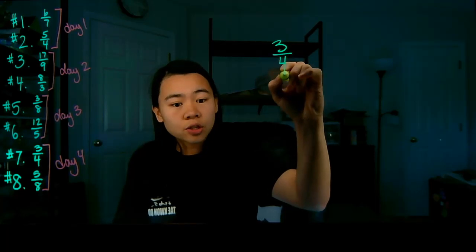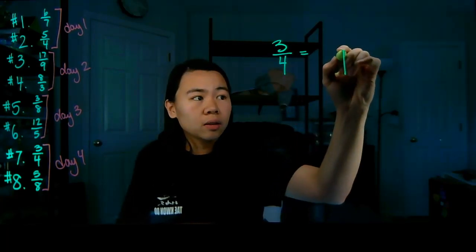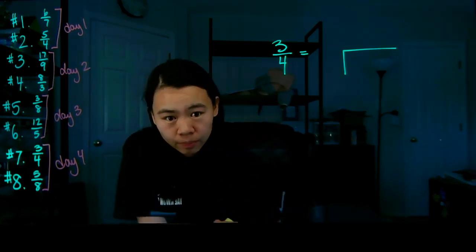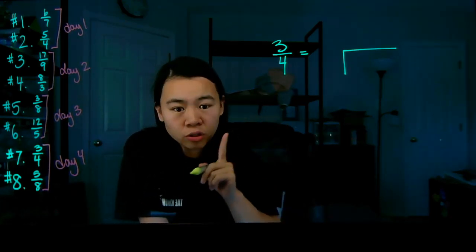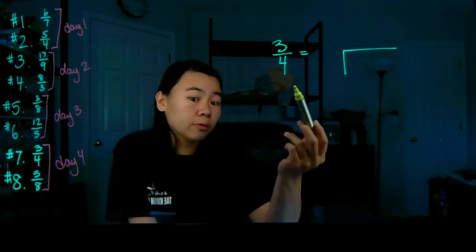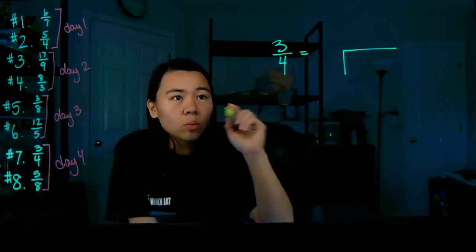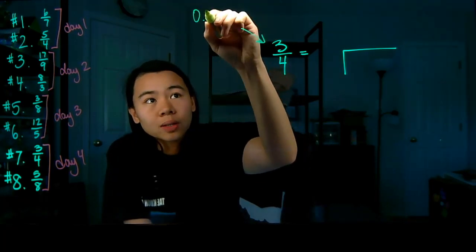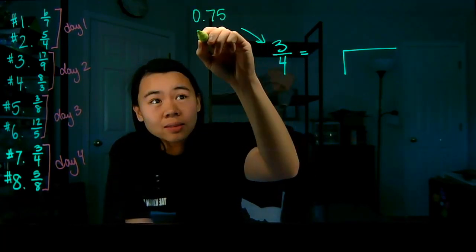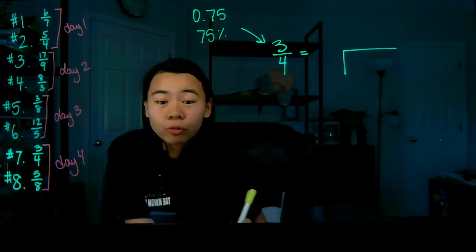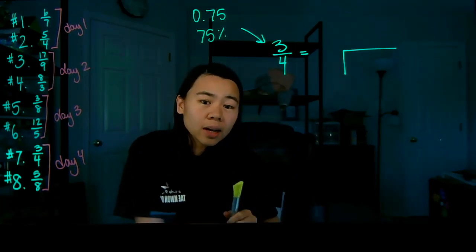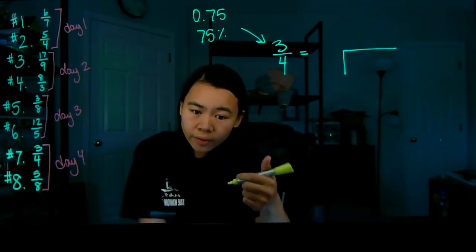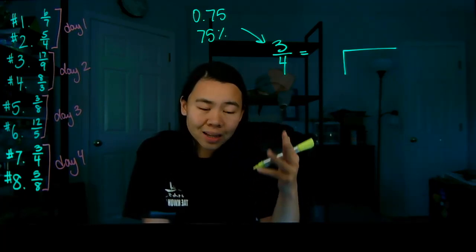And this actually brings up a point here. 3/4 is a benchmark fraction. If you know your benchmark fractions, you know your fourths. We should know that 3/4 is 0.75, like 75 cents, and 75%. This is exactly why you want to learn and remember as many benchmark fractions as you can: the halves, fourths, thirds, fifths, tenths.